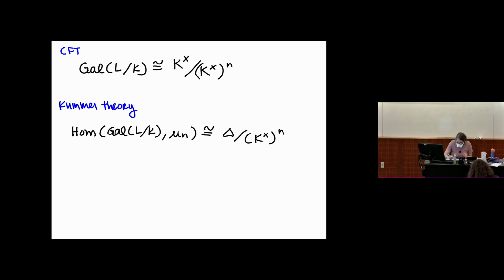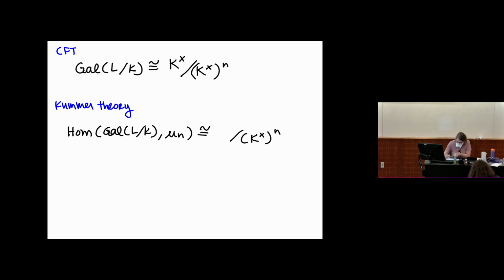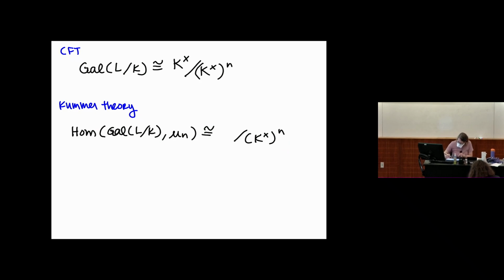Oh, but here, for my L, that's K cross. So in Kummer theory it was a general L, but for the particular L, the maximal abelian extension of exponent n, this is the right thing to put there. And so we get the Hilbert symbol.